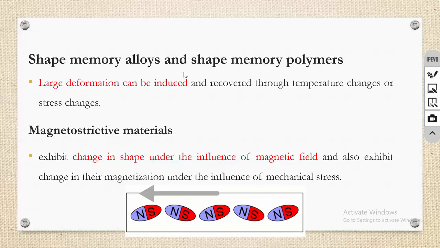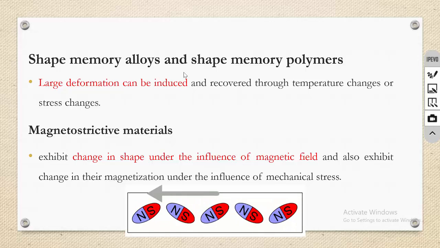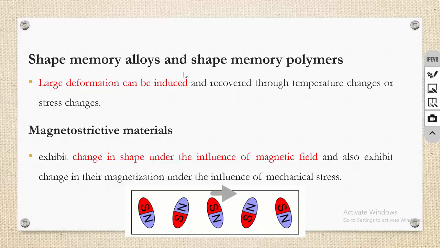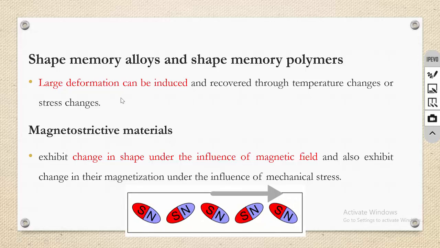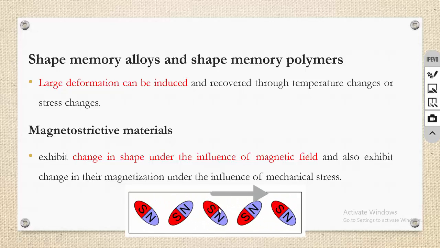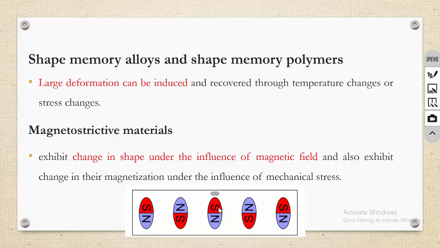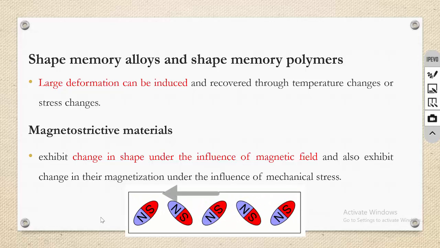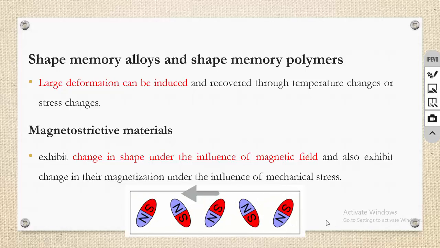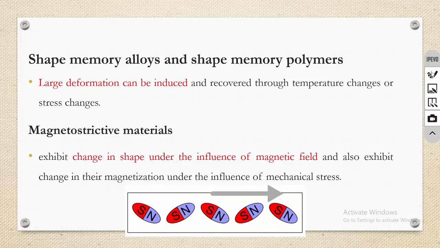Then the next one is magnetostrictive materials. So this magnetostrictive material will change its shape when it is subjected to a magnetic field. You can see that when it is in the vertical direction, then the height will be maximum and the width will be minimum. When the magnetic field is applied, it will form a chain-like structure, and when it forms a chain-like structure, then this will be a vertical line.